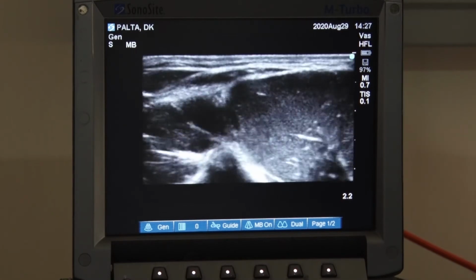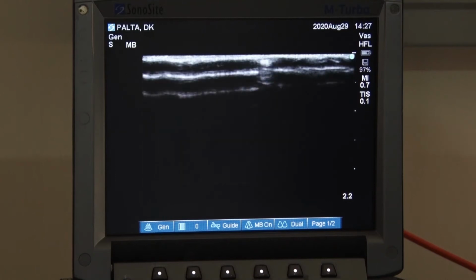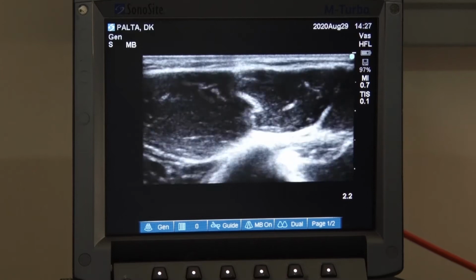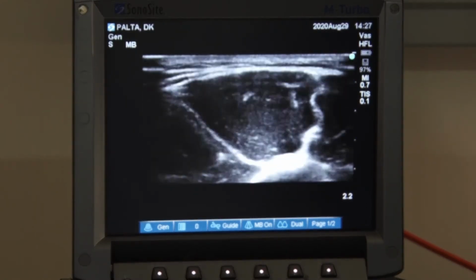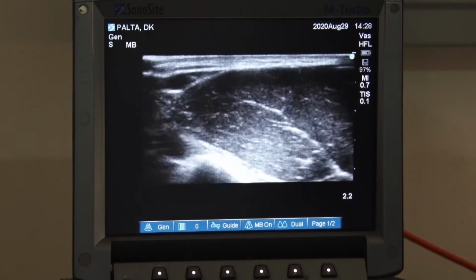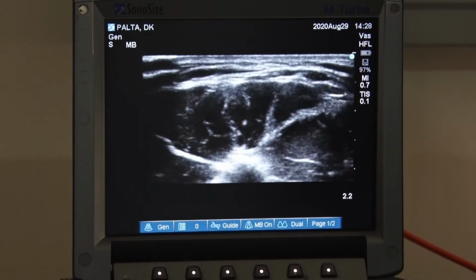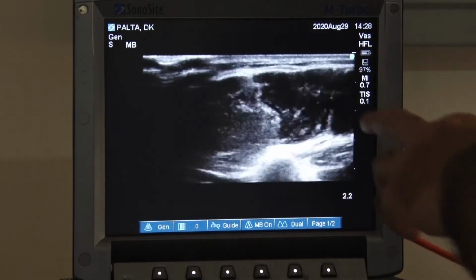So this is the cephalic vein. This cephalic vein is now running into the deltopectoral groove. This is the vein.